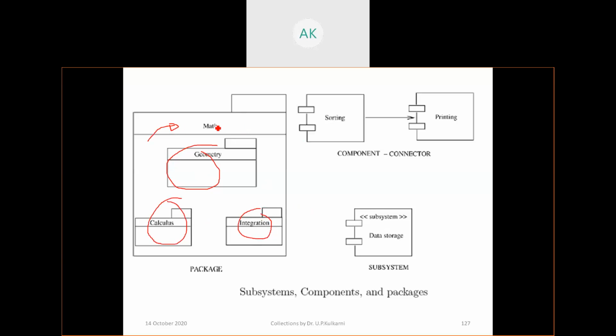So a package has its own name. And look at the notation for the subsystem. Subsystem sorting. You have data storage inside and you represent it like this. This is the notation used to represent a subsystem. Printing is a subsystem here. Sorting is a subsystem here. So this concept introduces what is called a subsystem. Component, packages.